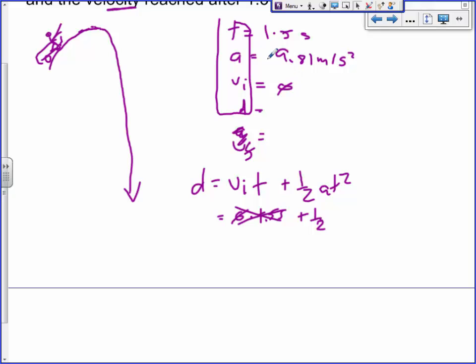Let's say we wanted to make it negative 9.81 meters per second squared. What would it give us for a distance? It would give us a negative distance, right? Well, it just means that since we were accelerating in a negative direction, our distance is also going to be in a negative direction. So, I mean, if you want to go with negatives, you can. I think, again, in this case here, it's probably just simpler to stick with positive 9.81 though. And you do that for 1.5 seconds.